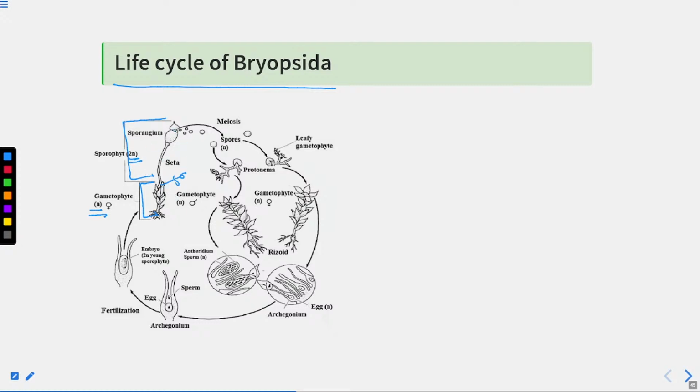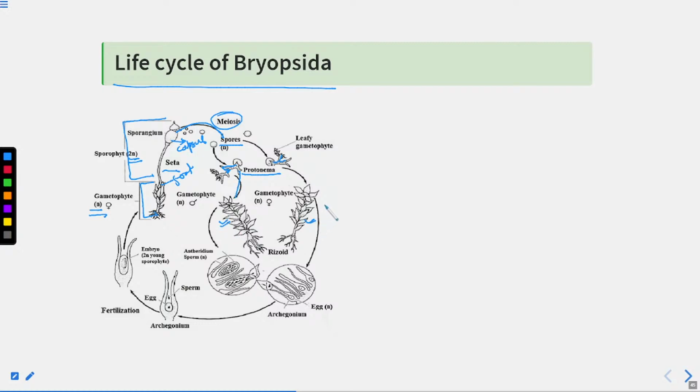Foot, seta, and this is the capsule, the three parts of the sporophyte. And you can see these spores. After the meiosis process, the haploid spores get released and germinate and give rise to a protonema like structure, right? It is a green photosynthetic tissue, the protonema, that gives rise to a new gametophytic plant.